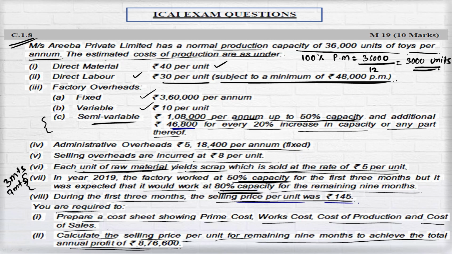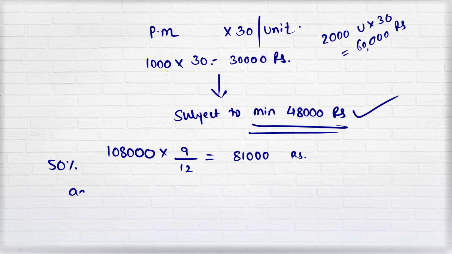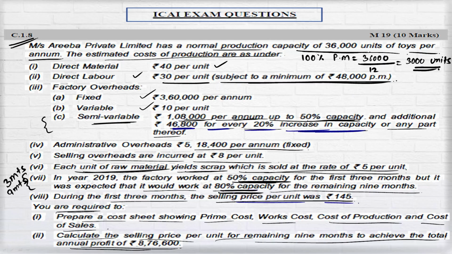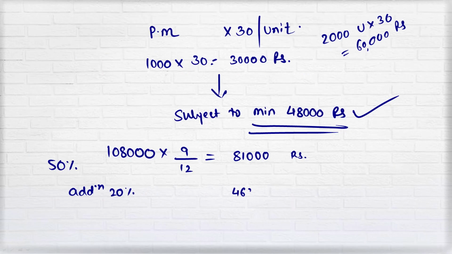But additional 46,800 will be incurred for every 20% increase in capacity. So 46,800 rupees more will be incurred if you operate for more than 50% of capacity, for 20%. So for an additional 20%, what cost will be incurred? 46,800 rupees.